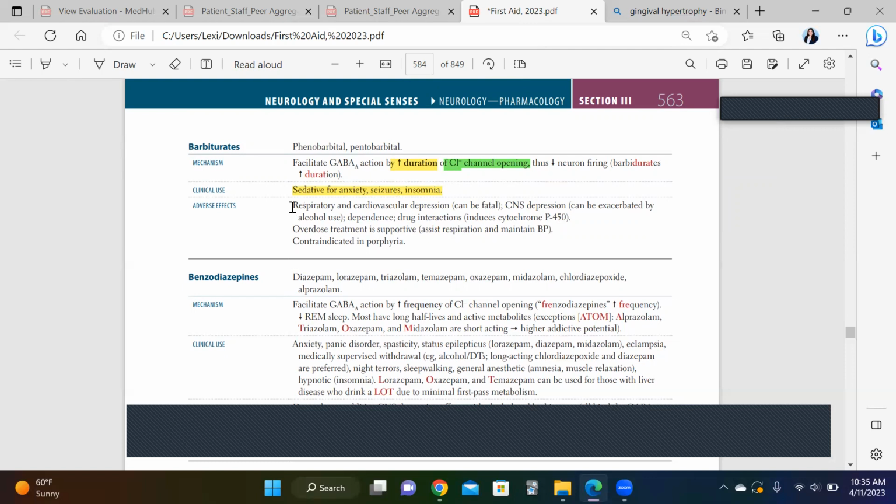Now this sentence right here is why we rarely use these unless we absolutely have to. So, what is the big side effect with this? Respiratory and cardiac depression, which can be fatal. If you stop someone from breathing, that is bad. What is the other drug that is commonly used in the hospital and on the streets that causes severe respiratory depression?